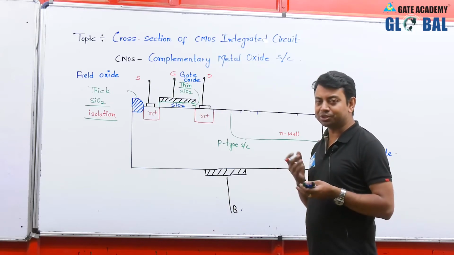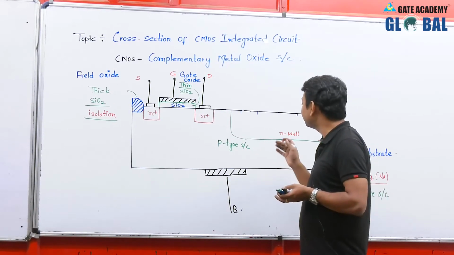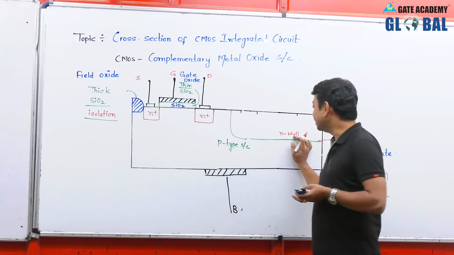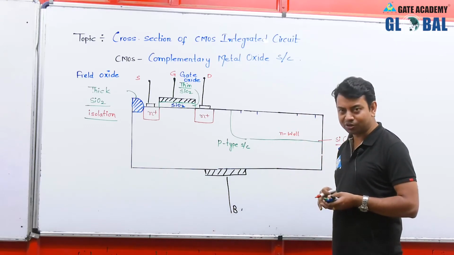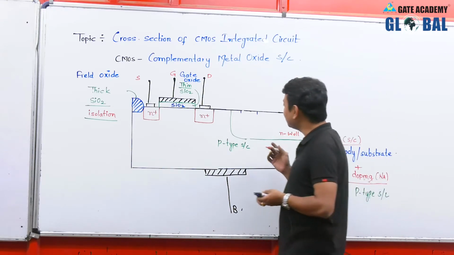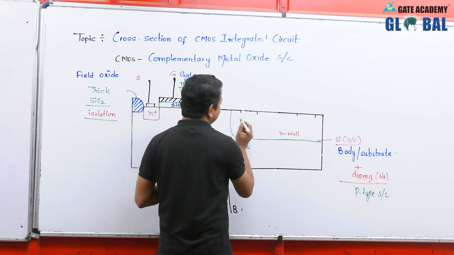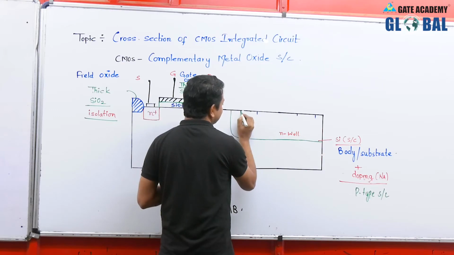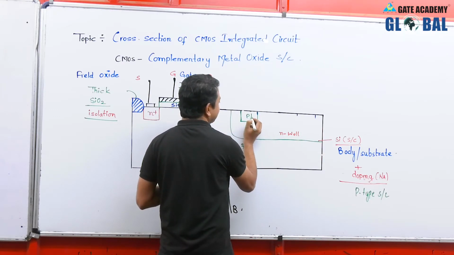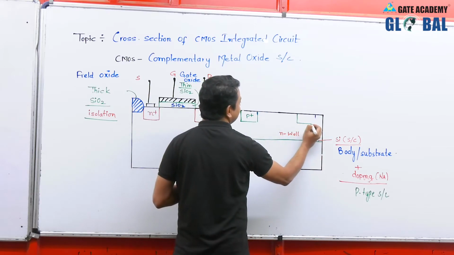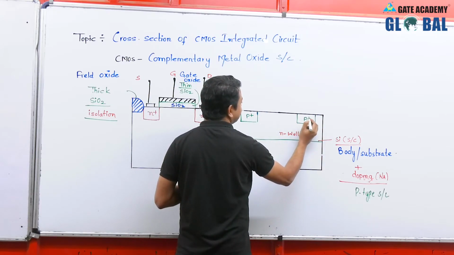To get an N-type substrate, we have created an N-well inside this p-type substrate. After creating this region, we have to take care that we have two regions again. This is the first region, which is known as the P plus region. This is the second region, which is again a P plus region.